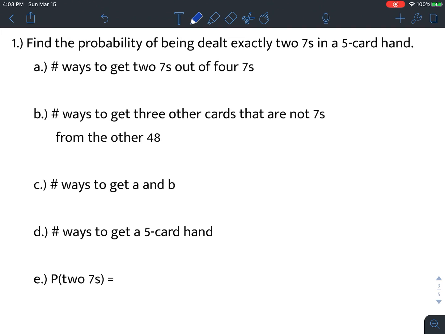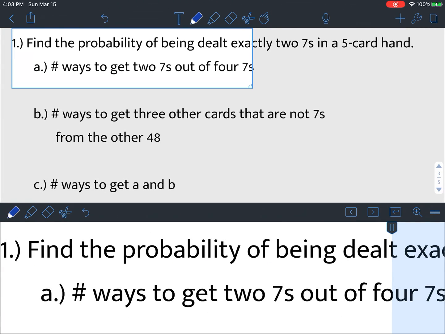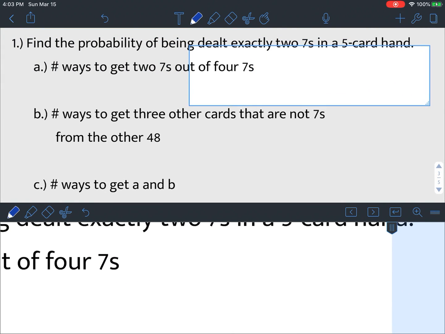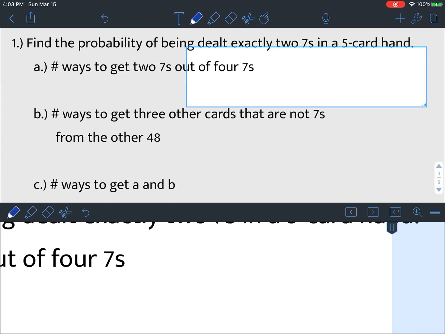They don't need to be counted twice. So this is definitely an example of a combination versus a permutation. So number of ways to get 2 sevens out of 4 sevens. Well, if we have 4 total and we're choosing 2 of those 4 sevens, that's 4C2. Okay, so that's the first part.